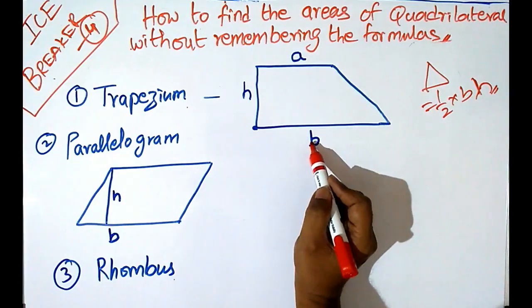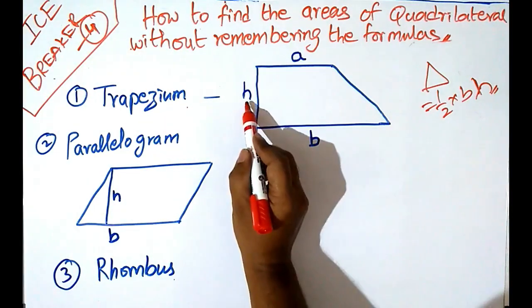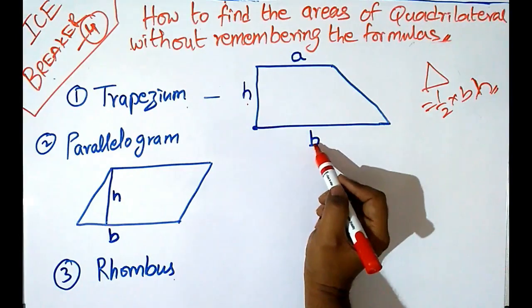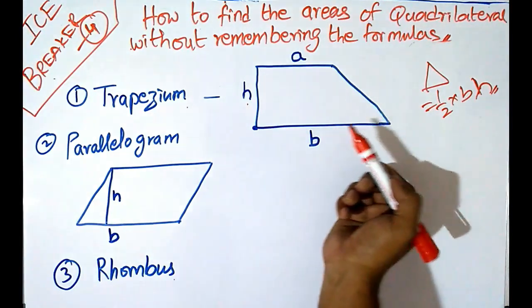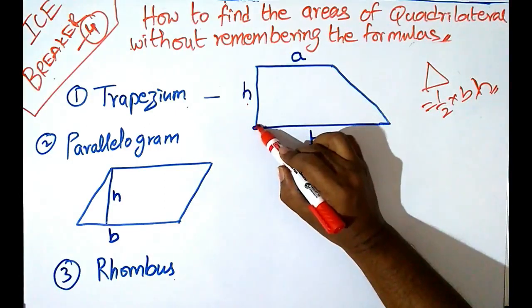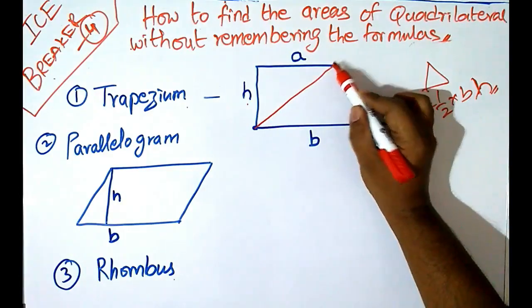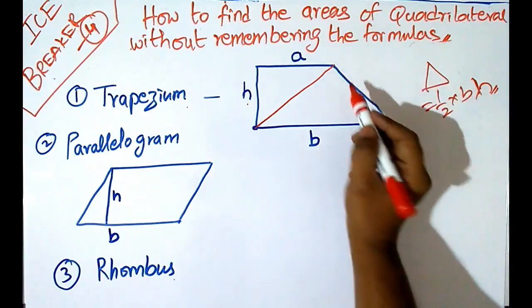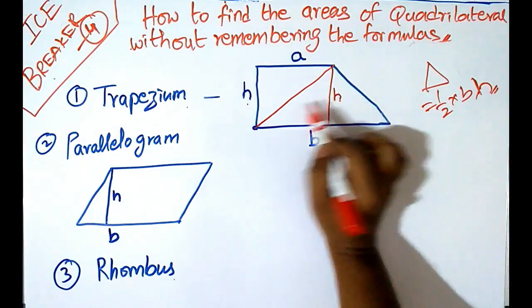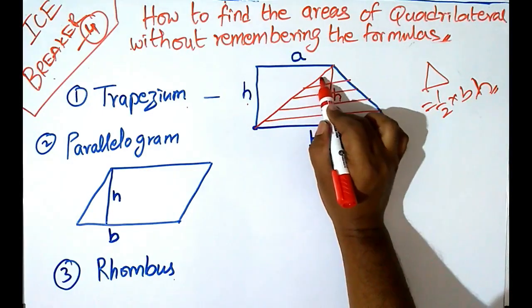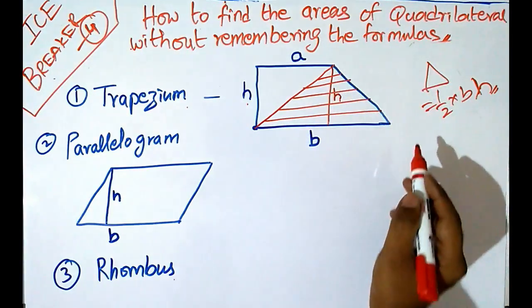If the parallel sides of the trapezium and height are given, then if you want to find the area, what are you going to do? You are going to draw a trapezium and draw a diagonal like this, and you can divide this trapezium into two triangles, friends.